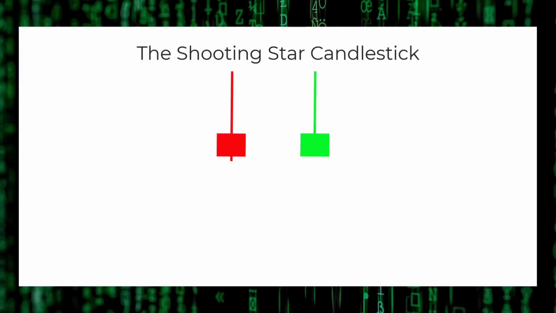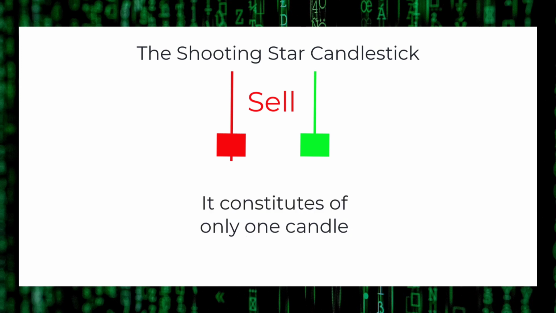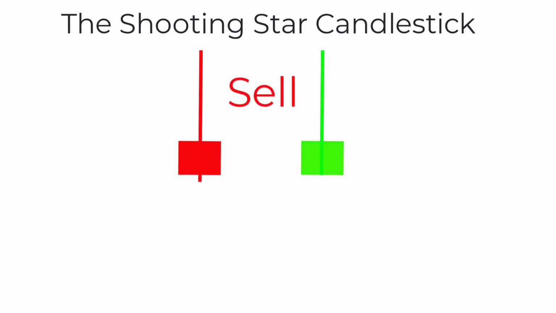Next is the shooting star candlestick. It's a reversal pattern and a powerful sell signal, and consists of either 1 bearish or 1 bullish candle. The candle has a small body with a wick above it that is at least 2 times longer than its body, while the wick below it is either very small or does not exist.